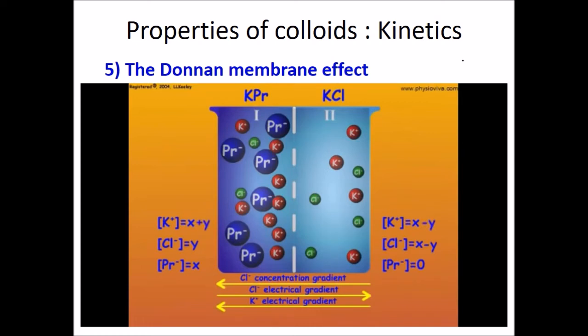The potassium ion concentration on side 1 now exceeds that on side 2, and potassium ions will diffuse back from side 1 to side 2 along a concentration gradient. At equilibrium, the competing electrical and concentration gradients for each ion are in balance, and there is no net flow of ions through the membrane.